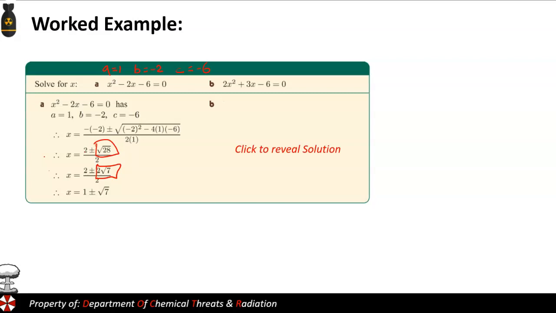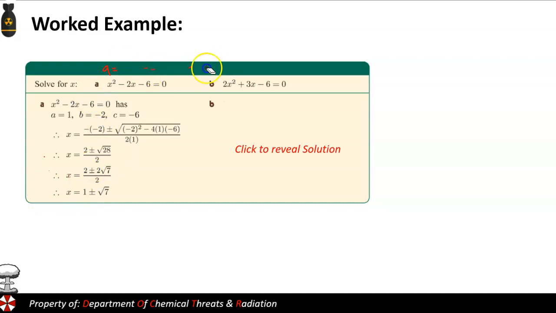And that's not really any good because we want to solve them exactly. So in this case, we want to condense all of this by hand, by mathematical methods, rather than just crunching it in a calculator. Some of the better ones, your graphics calculators, can do this and give you an exact answer, but most of the scientific ones we've got can't. So you follow that through, you get 1 plus or minus root 7.